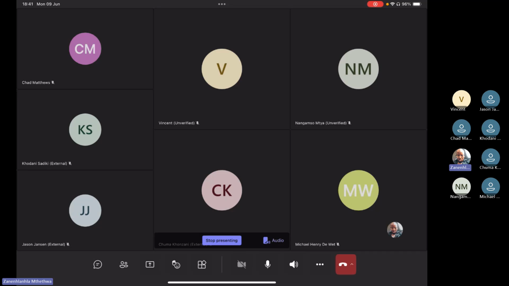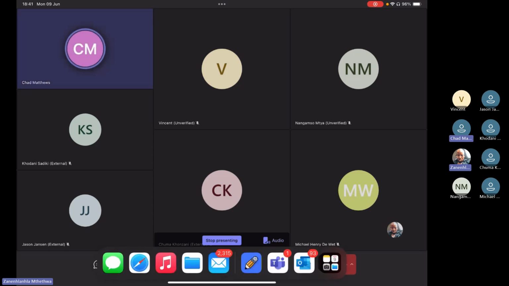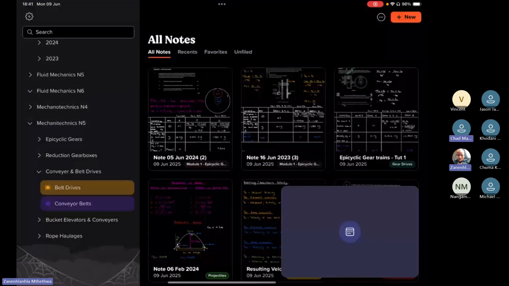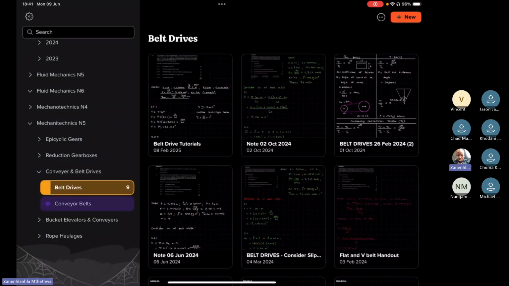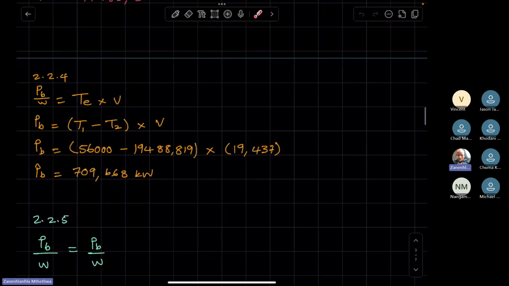Now, before we adjourn the meeting, do we have any more questions? In terms of the test, it's epicyclic gears and belt drives.